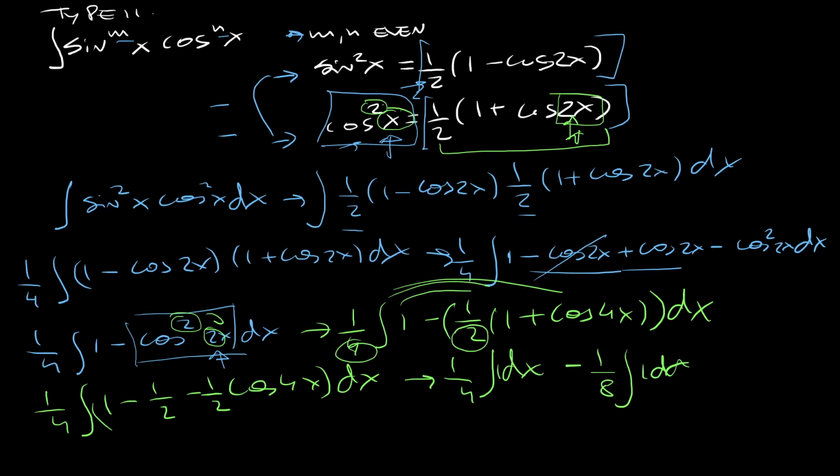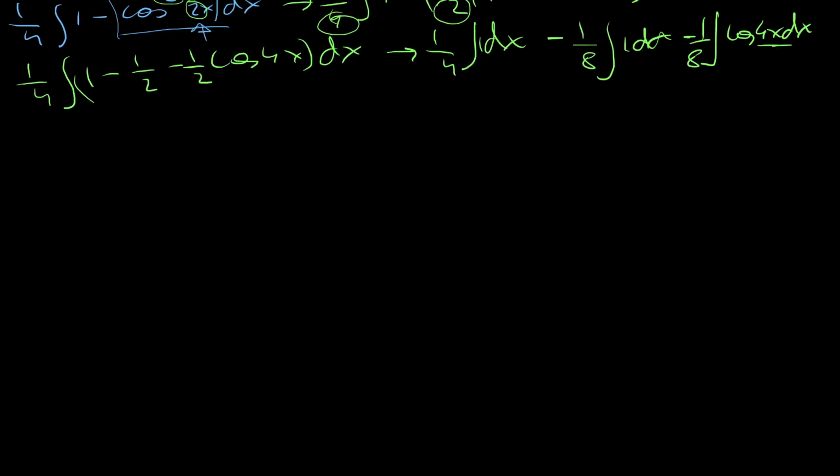And then we have another one, minus 1/8 cosine 4x dx. So we now have simple terms. We have 1 here, and we have 1 here. We can solve those in a bit. But notice that here we have 4x, and we need to solve this. So let me get the expression here to make it clear to see. This is what we have to work on.